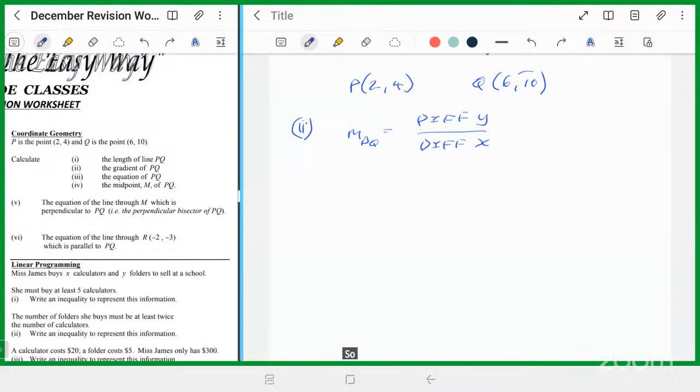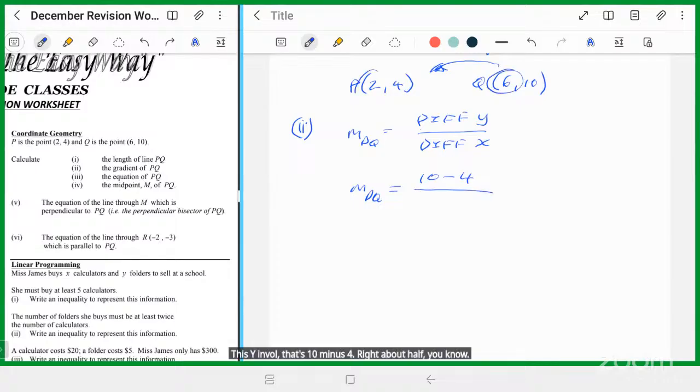So these are two y values. Take the difference of them. Let's say we're using this point minus this point, Q minus P. Then it becomes this y value minus this y value, that's 10 minus 4, divided by this x value minus this x value, the same direction, 6 minus 2. 10 minus 4 is 6, 6 minus 2 is 4.